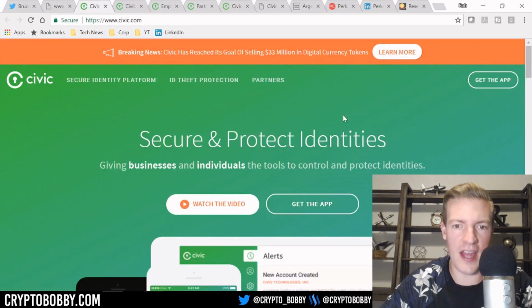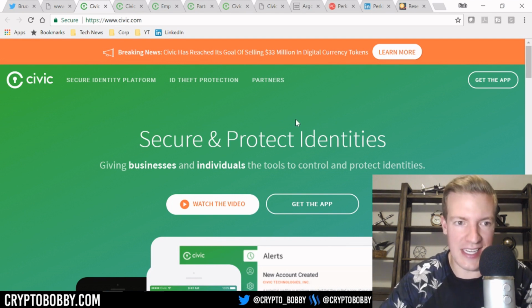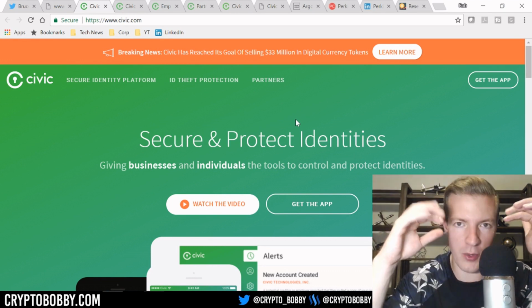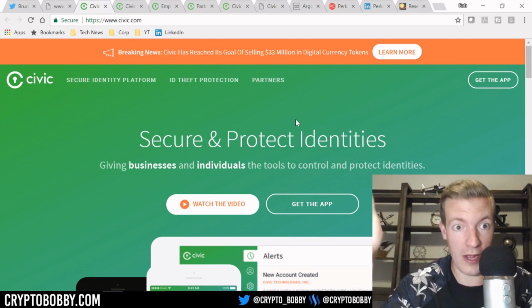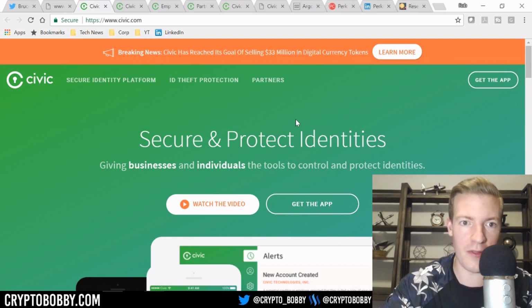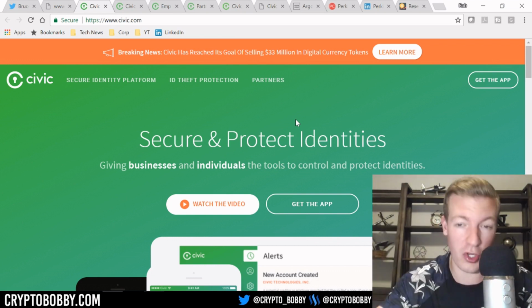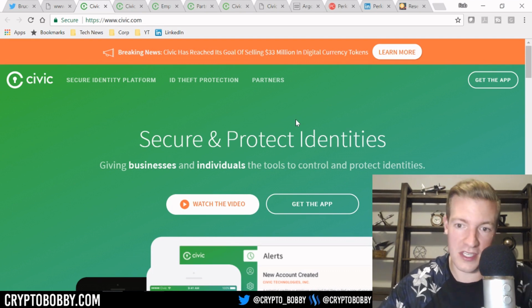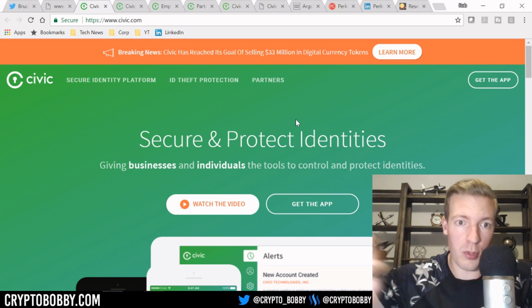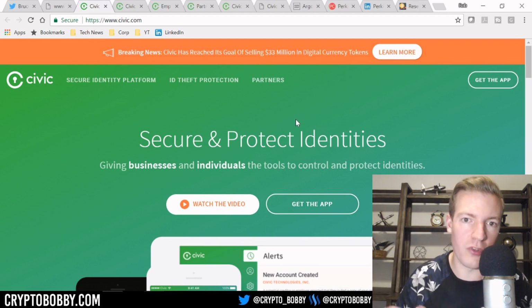The entire goal of Civic is a secure identity platform meant to reduce identity theft, like the Equifax breach, where basically everybody in the United States had their credit, social security number, and address stolen by hackers. Civic is trying to decentralize that and give businesses and individuals the tools to protect and control things in a decentralized manner where no one individual owns everything.